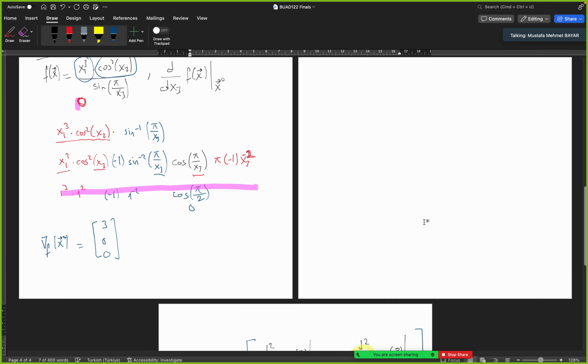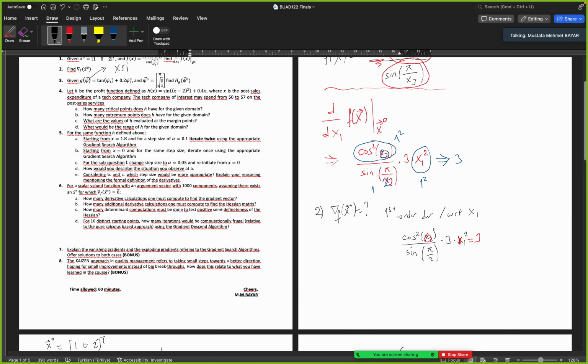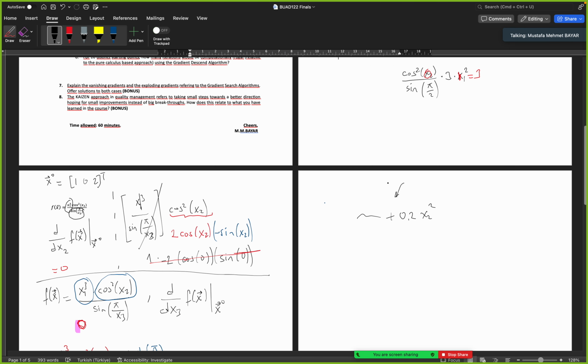Let me just push it down and continue here. I think what we had is something plus 0.2 times x2 squared. Was it something like this? Let me just check it again. No, it was cubed, not squared.